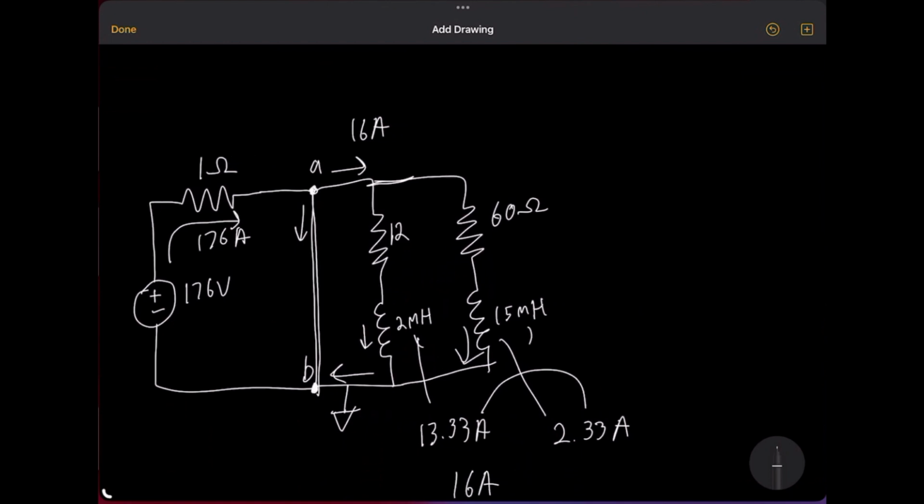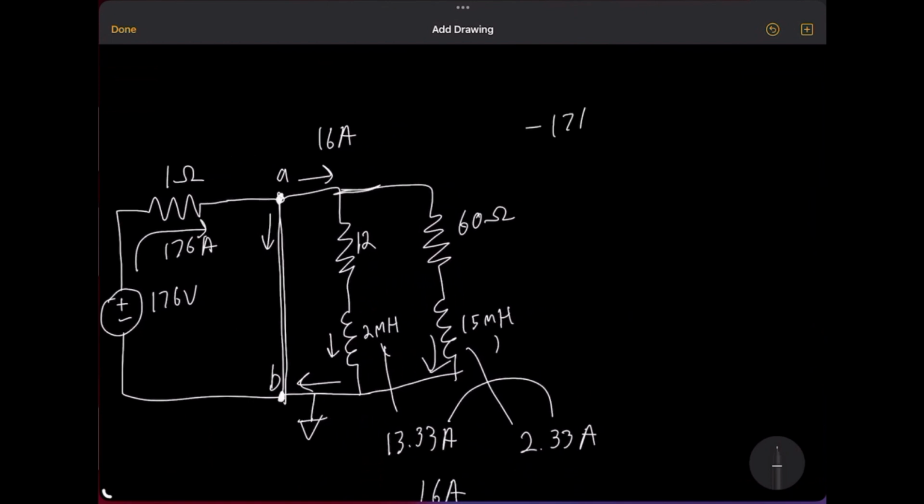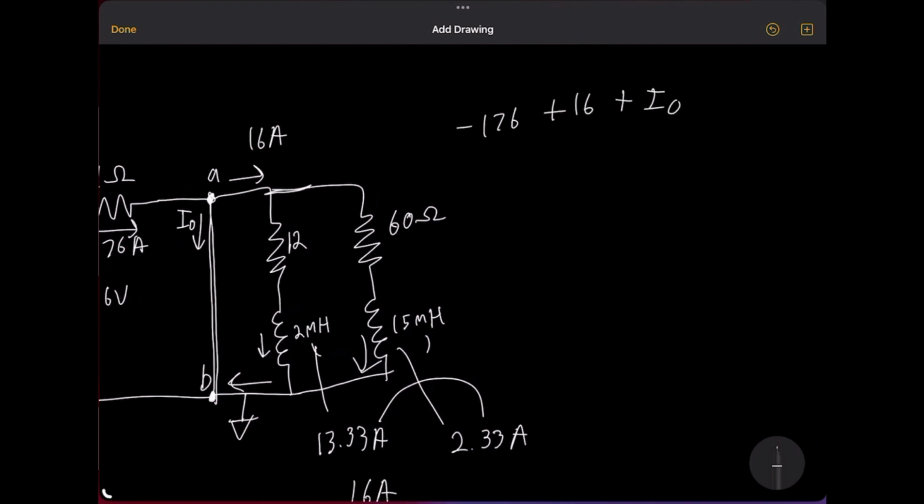And we can do a little KCL up here at the A node. So it's going to be negative 176, I'm going to call this I0, plus 16 plus I0. These together, we get I0 is equal to 160.